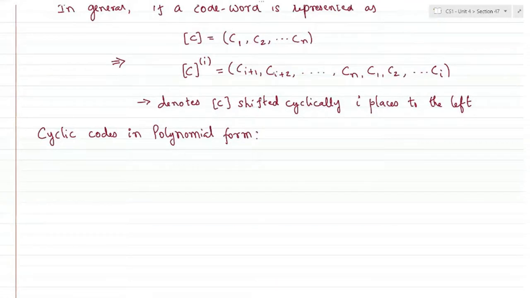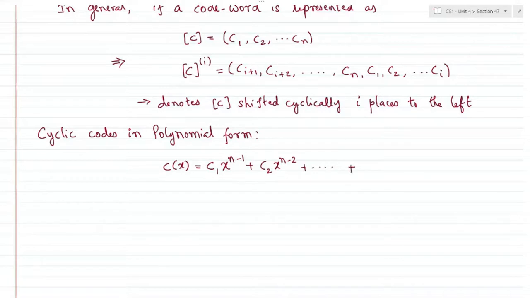So the vector C, as I have denoted with the tuple, from C1 to Cn, can be mathematically represented in polynomial form as C of x, where C1 is the first bit in the code word, times x^(n-1), plus C2 x^(n-2).